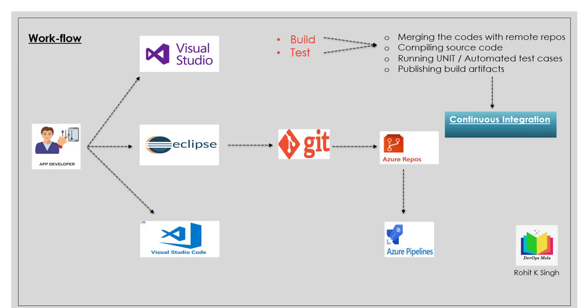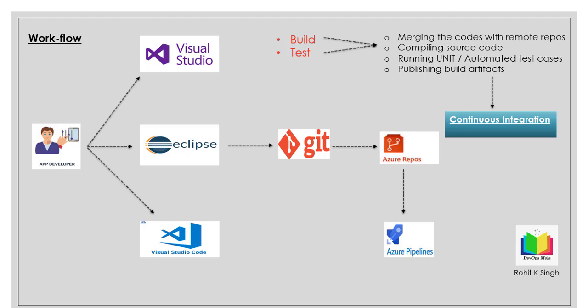The only difference is that while building the Java application you will be making use of a third-party build tool such as Maven, Gradle or Ant. Anyone you can use. In case of .NET you will be using VSBuild or MSBuild. So these are all plugins which will help you build your application. Nothing much different. The rest of the flow remains as it is.